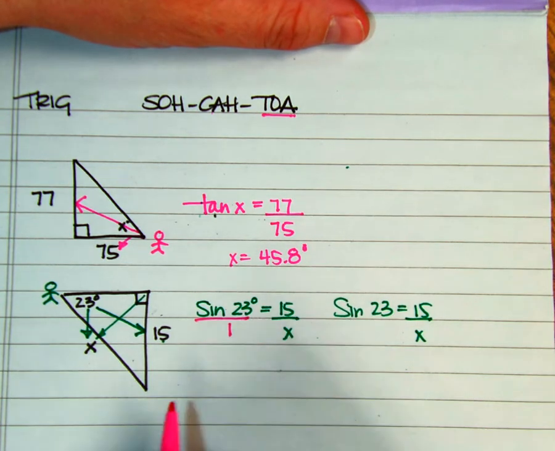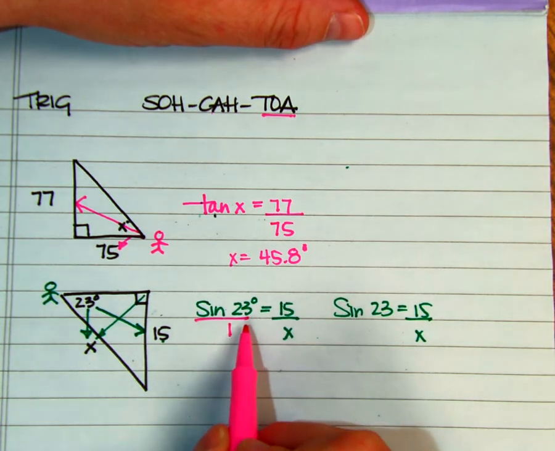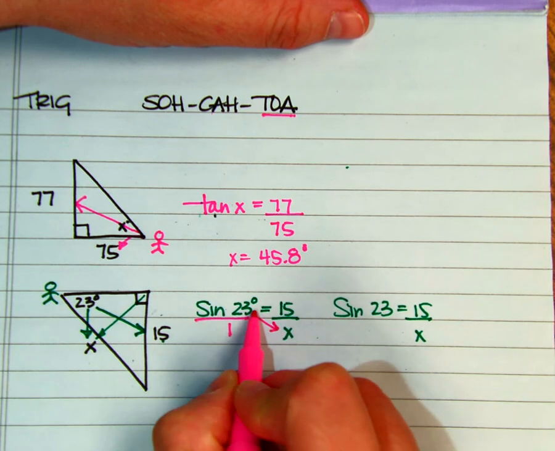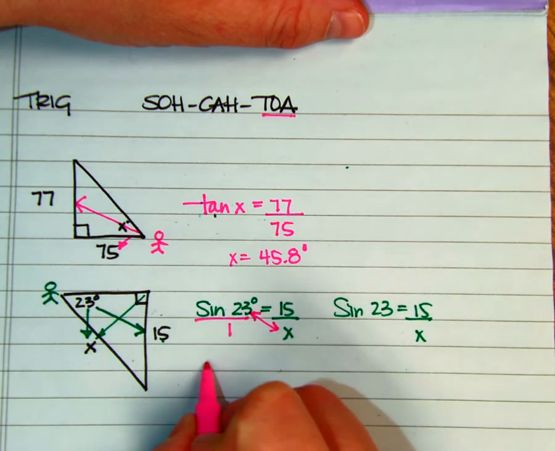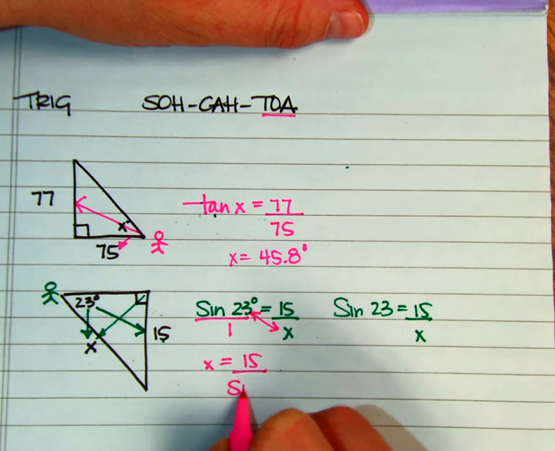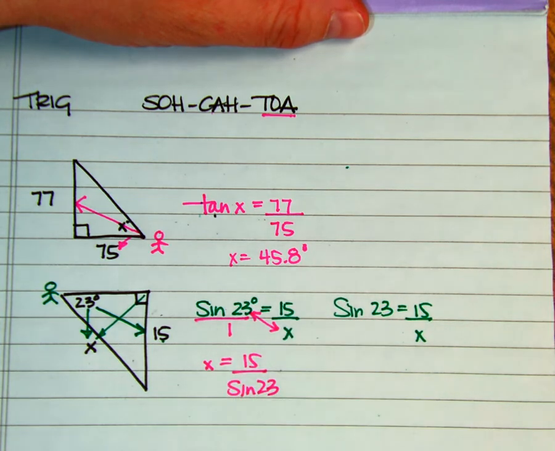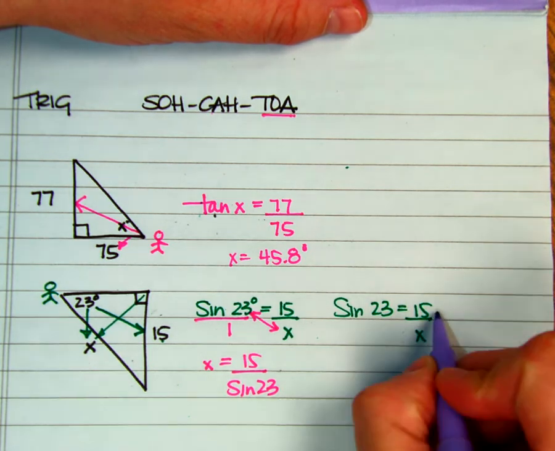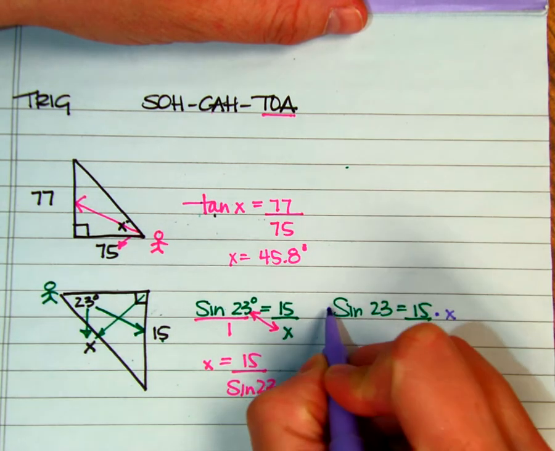Going back to proportions, I know that one of the properties of proportions, I can just simply switch places with those and have x equals 15 all over the sine of 23. If you still can't wrap your head around why that actually works, what we can do is multiply both sides by x.